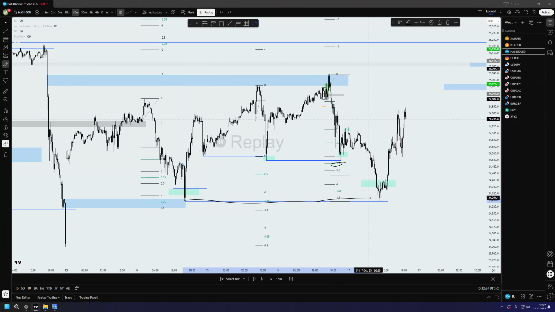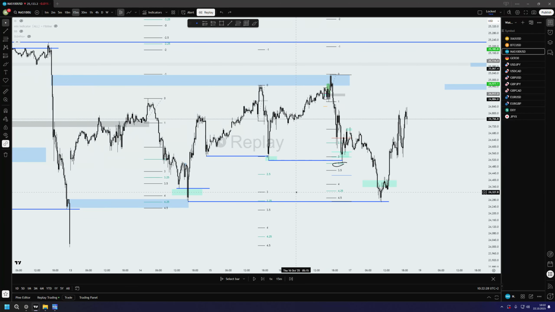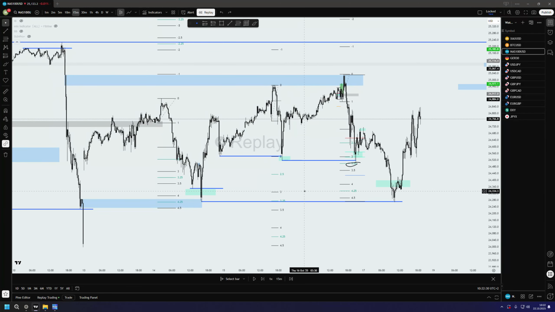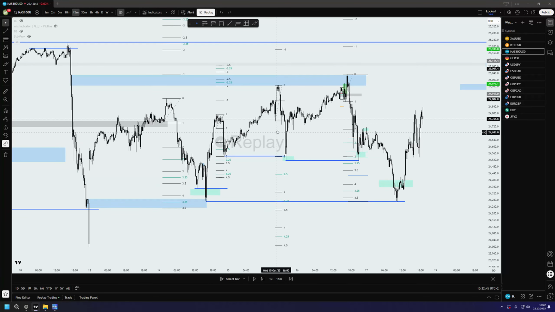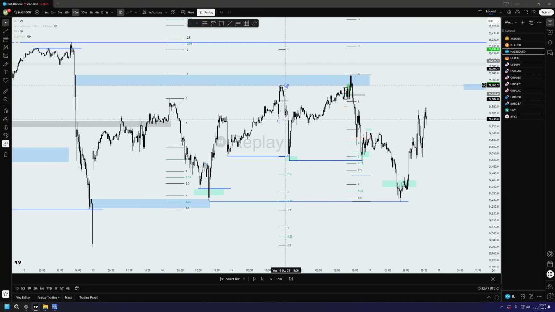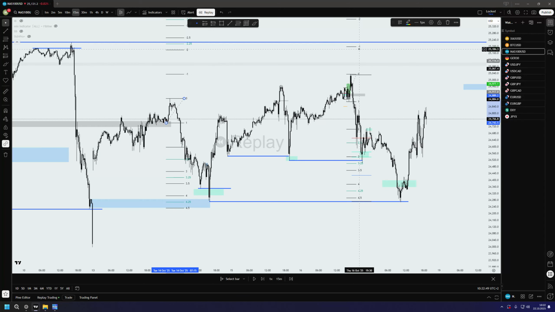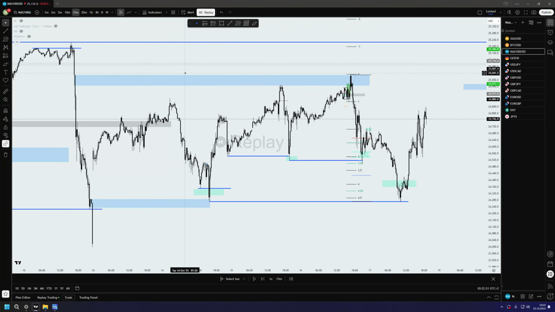We have a level of liquidity here, and it almost looks like staged or something because it works every time. Look at this. So it's nothing magical. It's just maths basically.